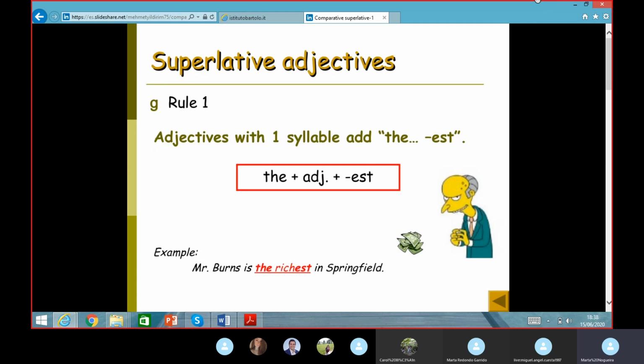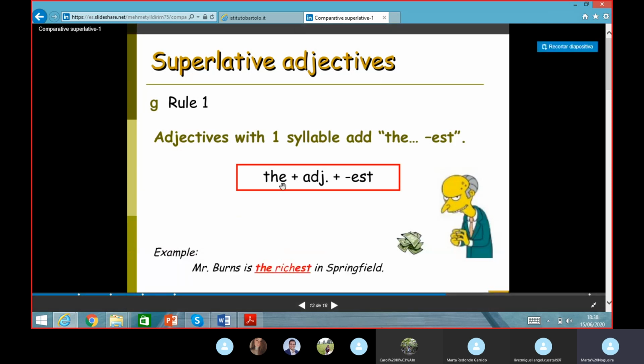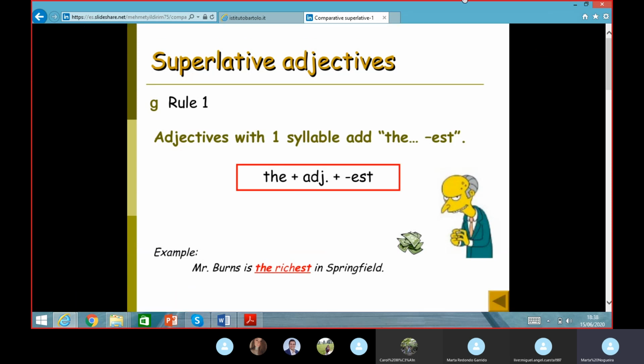So maybe we write here one syllable, but maybe we have an exception in which there is an adjective with two syllables, okay? So this grammar is like the 90% of the cases, but then we've got exceptions. The rule one is that we are always going to write the, okay, the at the beginning in the superlatives, okay?